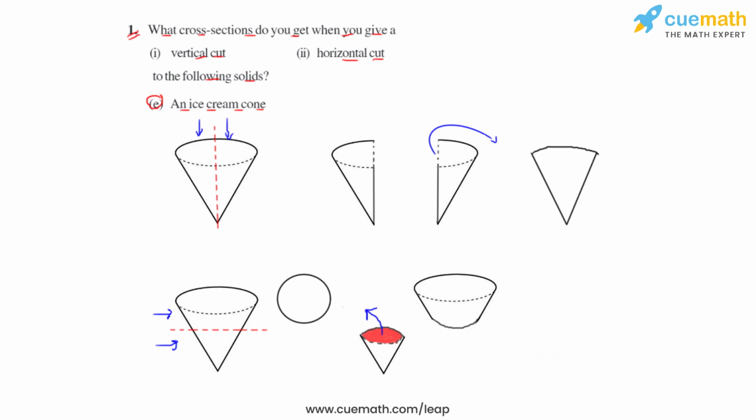Hence for an ice cream cone, if we cut it vertically, we'll get this shape, and if we cut it horizontally, we'll get a circle. So these are the different ways through which we can cut different solids vertically and horizontally, and then observe the cross sections, and this is how we can answer the first question of this exercise.